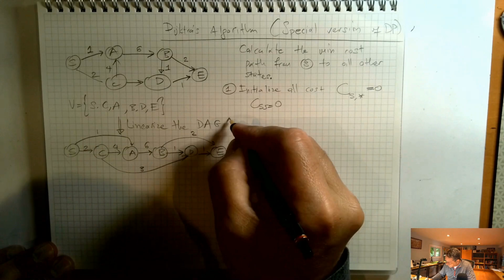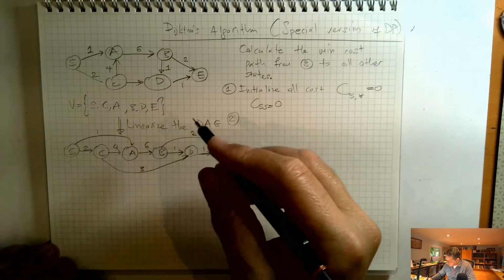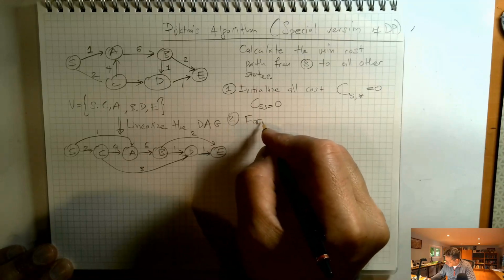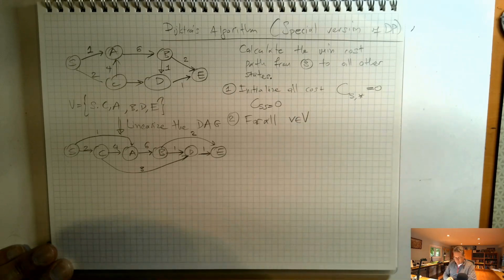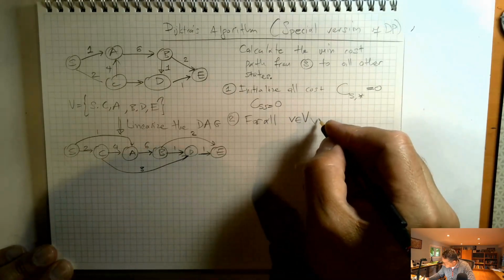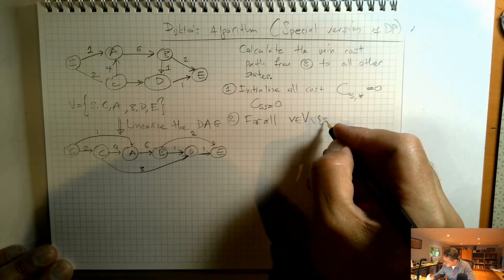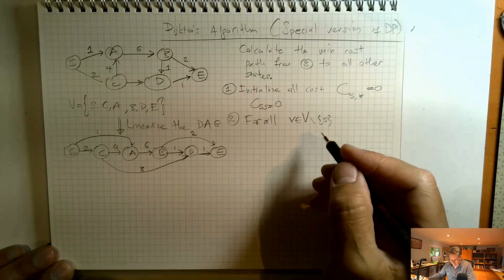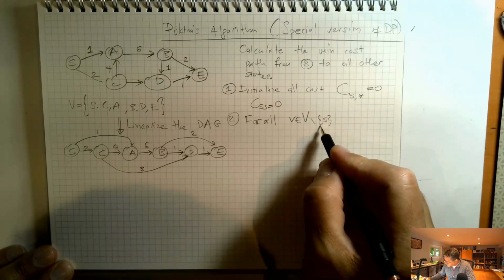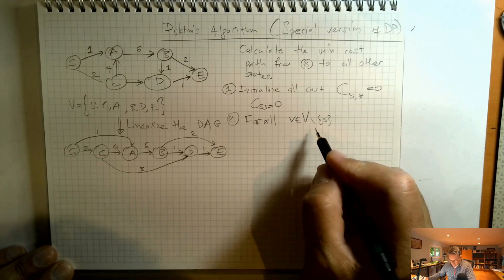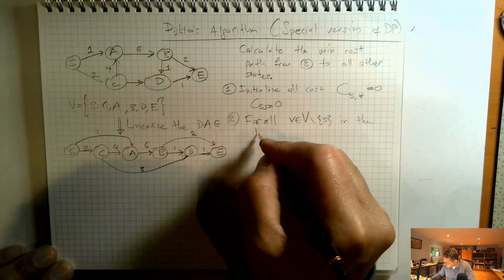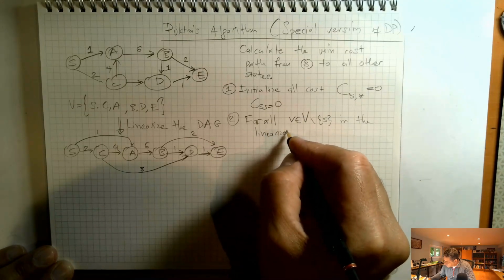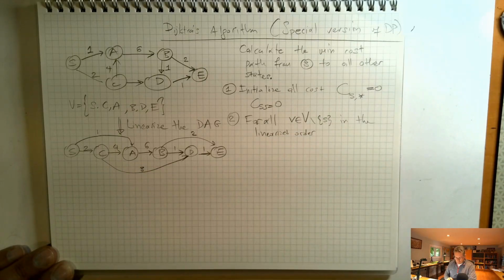Then the second stage is a for loop: for all vertices V that belong to the set of vertices capital V, except the starting vertex S, in the linearized order, calculate the following equation.